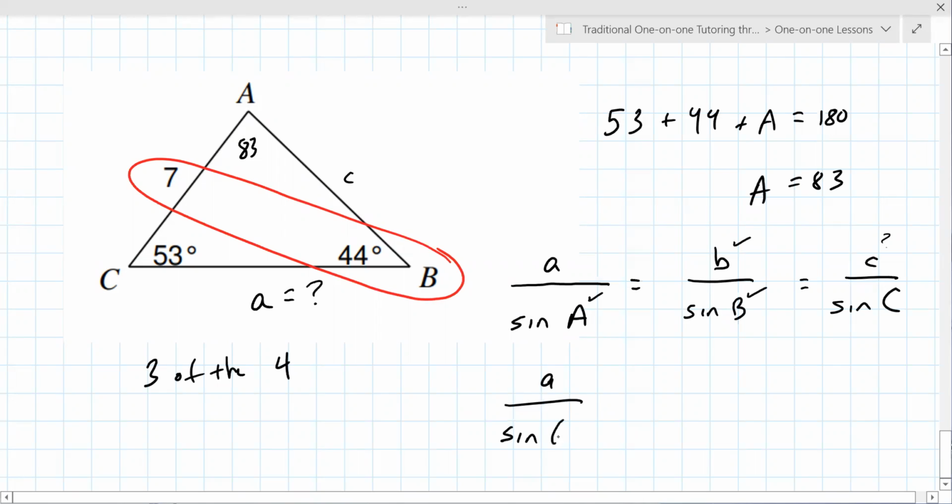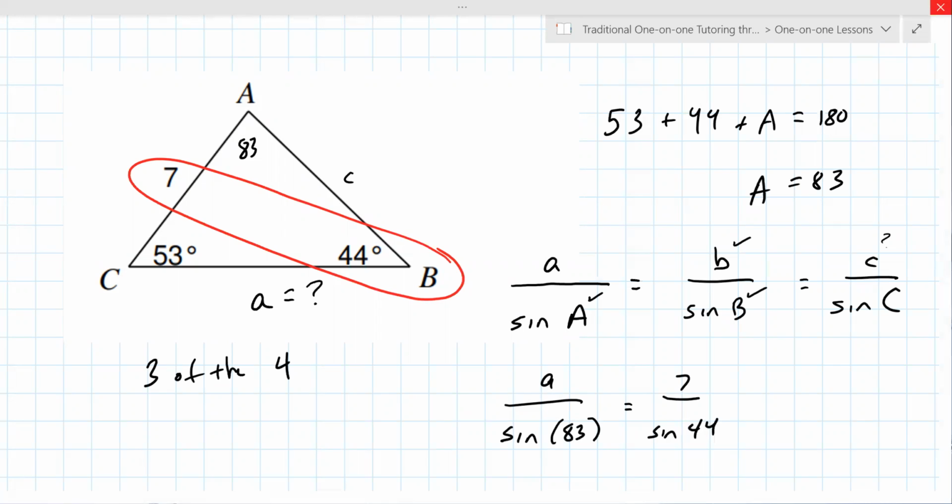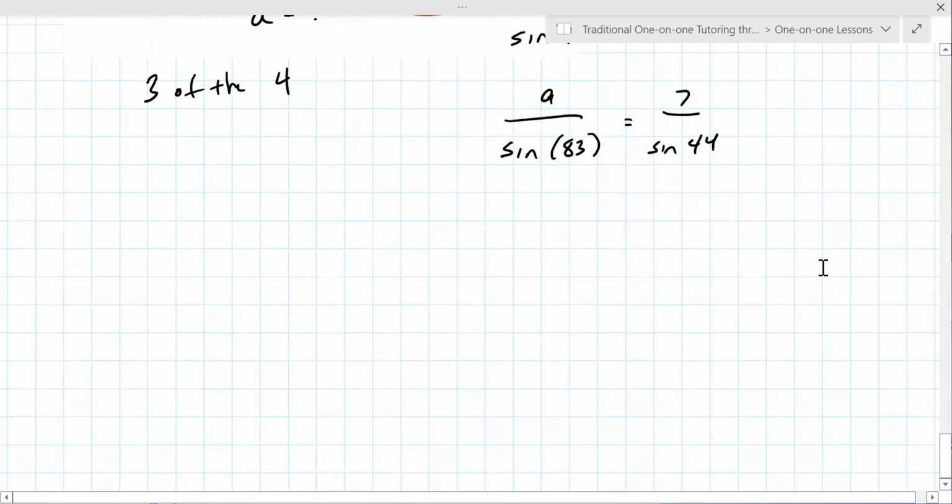So sine of 83 equals 7 over sine 44. And you solve this exactly the way we just did. So multiplying by sine of 83, it'd be 7 times sine 83 divided by sine 44.